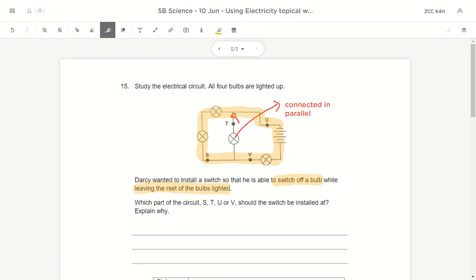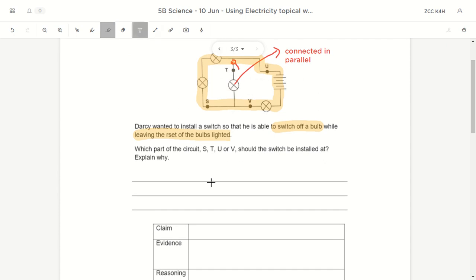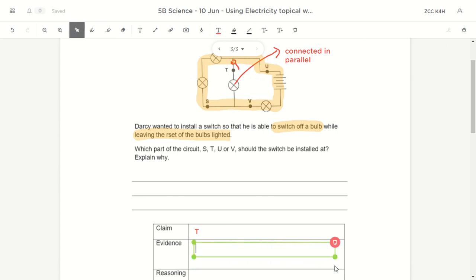Okay, so let's put the claim down. Where should I install the switch? I should install it at T. And what's the evidence? We can see that the bulb near T is connected in parallel.